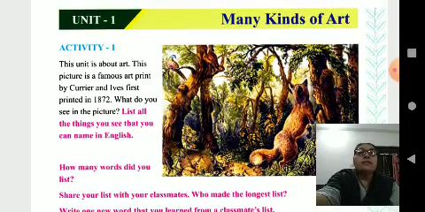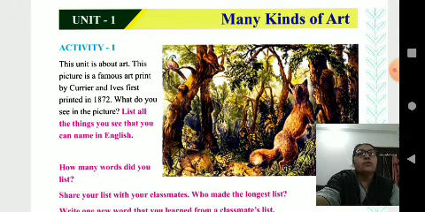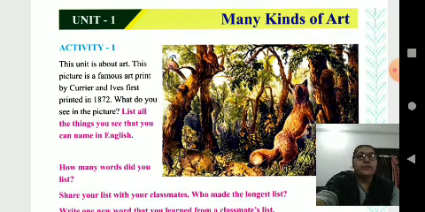The entire unit refers to different forms of art: painting, drawing, rangoli, photography, etc. The visuals in the unit help create interest among students. This unit is about art.